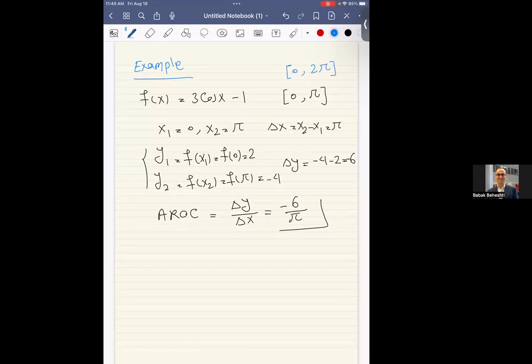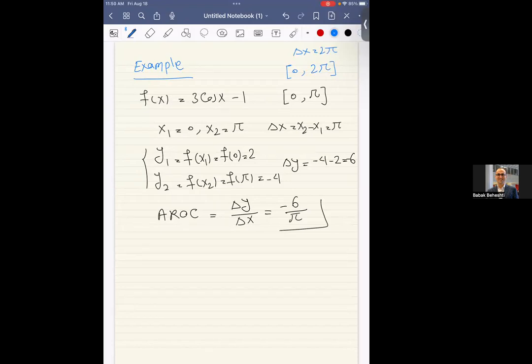So the change in x is 2 pi, right? You go from 0 to 2 pi. So the change in x would be 2 pi. What about delta y? What is the change in y values? What is f of 0? F of 0 is 2.